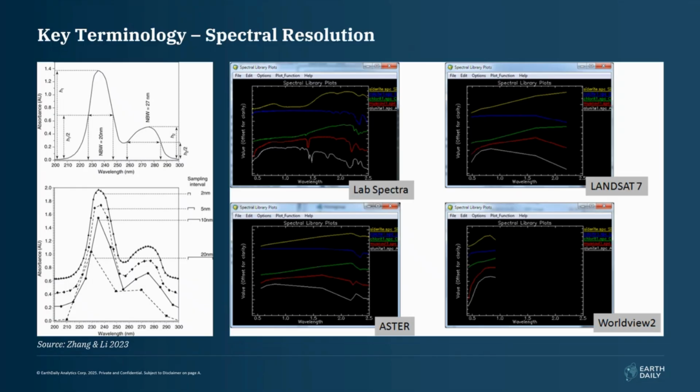As you can see there, as we get to ASTER, which has 9 spectral bands across the visible and shortwave infrared, you can see some of these absorption features being picked out, but they're not characteristic. They're not going to tell me exactly what we're looking at. And this is one of the limitations with multispectral data, which I'll define in a second. What we can say is determining what our mineral groups are, but we can't determine what our mineral species are.